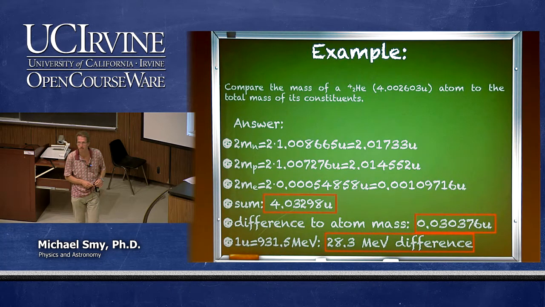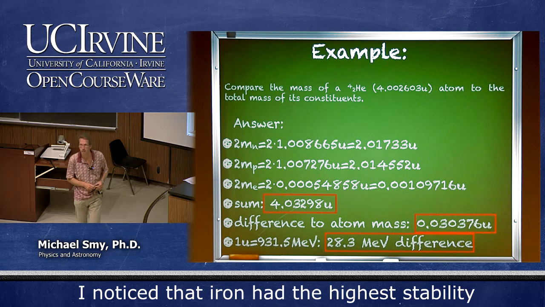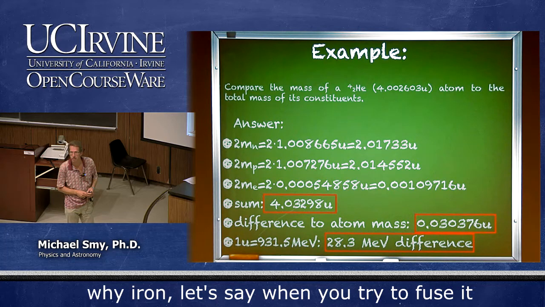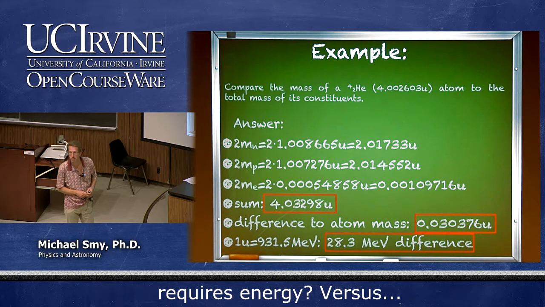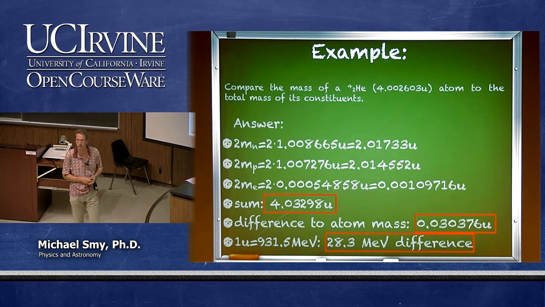Just in the previous slide, you know the graph that you have? Yes. The graph. I noticed that iron had the highest, let's say at least the highest stability. Is it possibly related to the reason why iron, when you try to fuse it, requires energy? Indeed, yes. Since iron is the strongest bound nucleus, you cannot gain energy anymore by fusing iron.